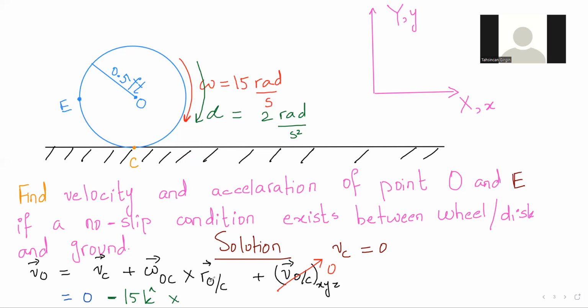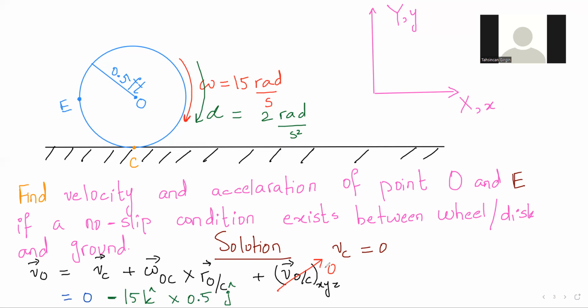Good. Position vector of O with respect to C. 0.5 j. O with respect to C. Everyone is in C? Right? Yeah, everyone. O with respect to C. I'm looking at O with respect to C. I look upward. 0.5 j. No? Ask me the question.